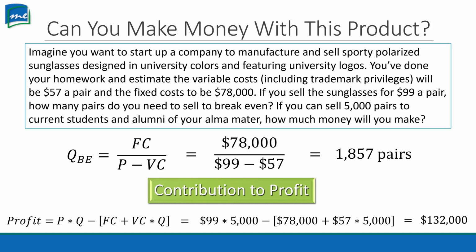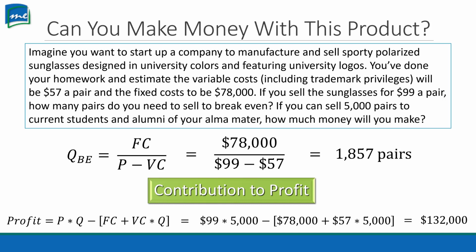So what is our profit, right? So we have here a quick formula for profit. Profit equals our sales price per unit times the quantity, minus our fixed costs, and minus our variable costs multiplied by the quantity. So that's going to equal, in this example, $99 times 5,000, minus the 78,000, minus $57 times the 5,000.